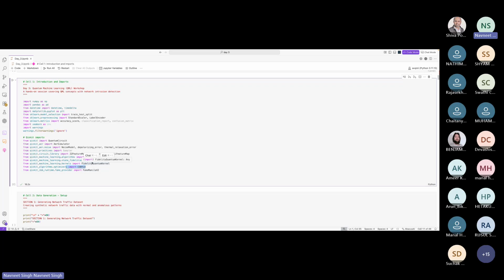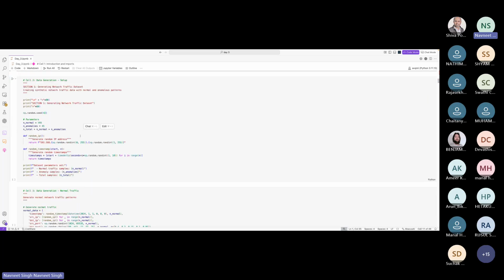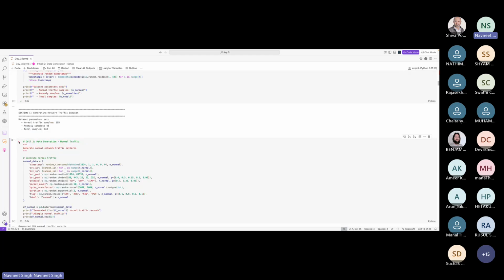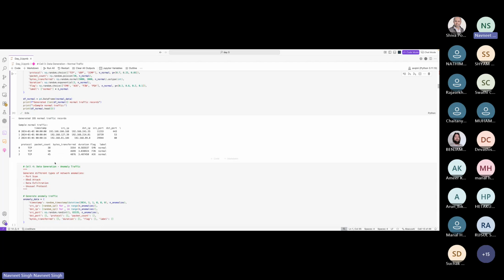So here we have the classical data tools, quantum circuit building blocks, then quantum machine learning algorithms, and different types of backends. Next, we'll see. These are just random, I can say, just to create a data set. So I just run it very fast so that you can see.